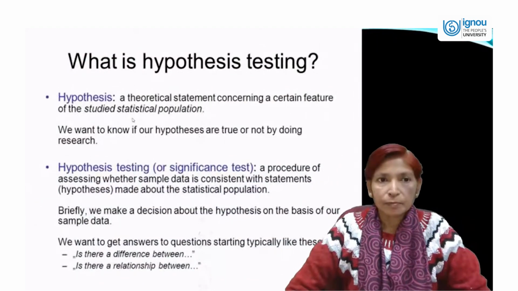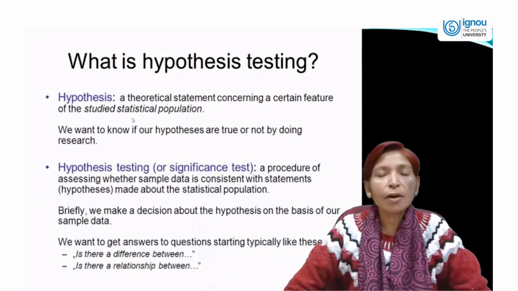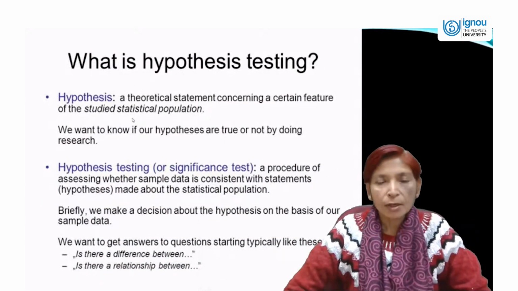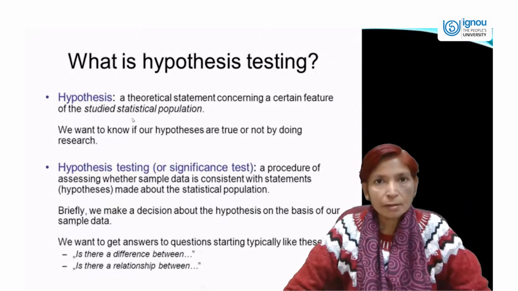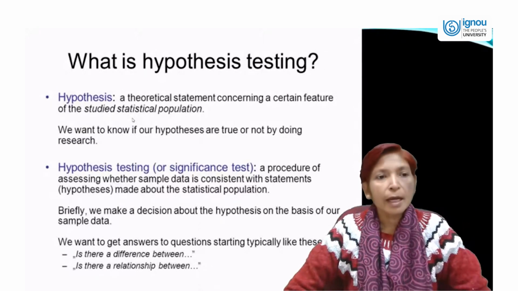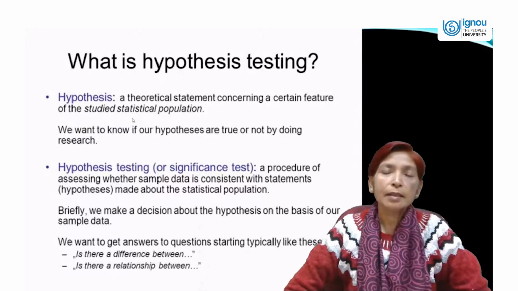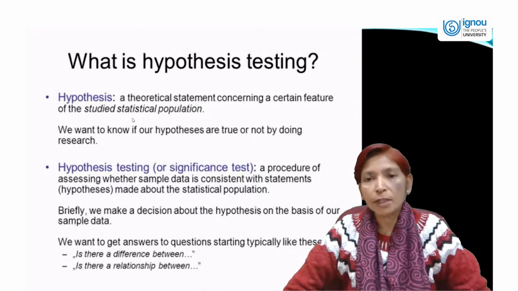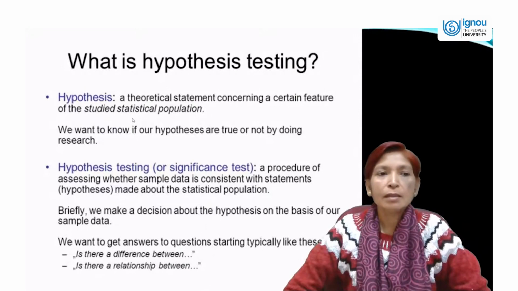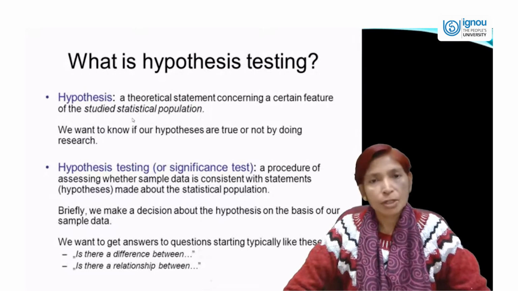Hypothesis testing. What is the meaning of hypothesis? Hypothesis is just like an assumption. It's an assumption and a prediction, and a hypothesis is a theoretical statement concerning a certain feature of the studied statistical population.